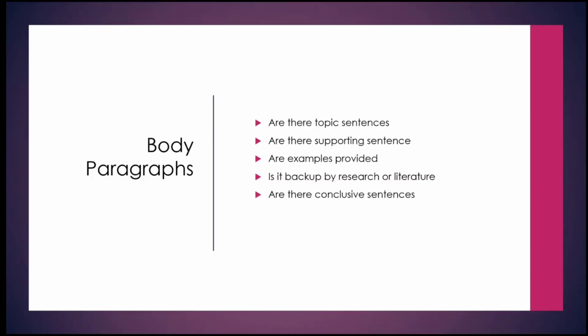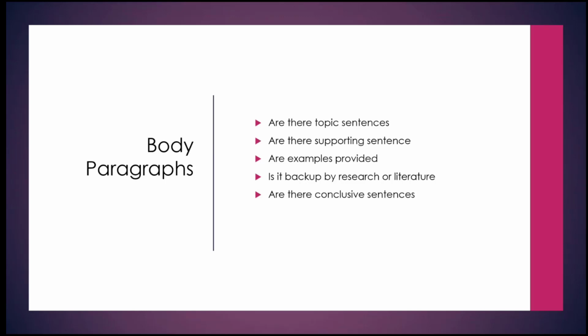Now, some types of work may not take the PEEL structure, and the PEEL structure is what we call the point, explanation, evidence, and linking, right? So it's the topic sentence, supporting sentences, evidence or literature, and conclusive sentences. So this specific structure may not always apply.